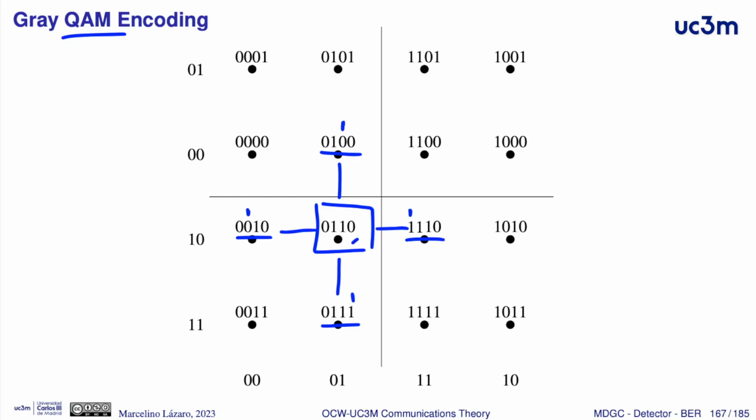The independence of the two components of the QAM constellations makes it very easy to obtain a binary assignment satisfying the Gray coding technique, because we can encode with a Gray code independently the two components, and then we can assign the first pair of bits to the first direction of the input space, and then the second pair of bits to the second one. In this way, it is very simple to obtain a Gray encoding for a QAM constellation.